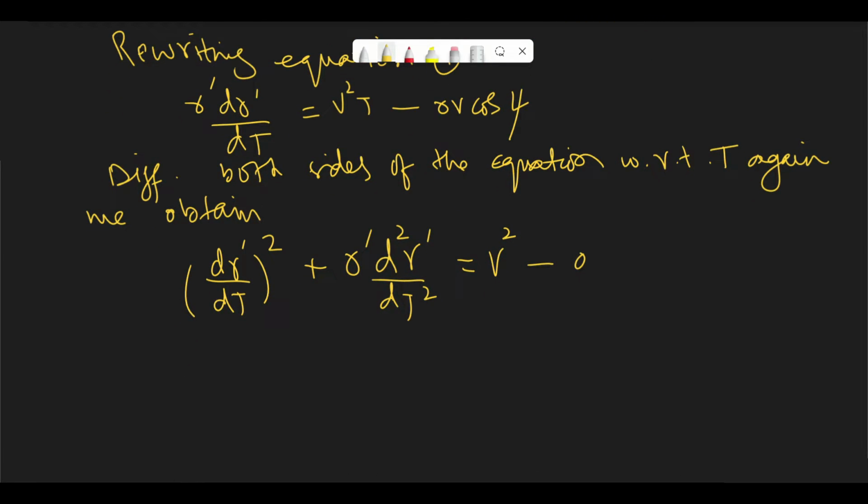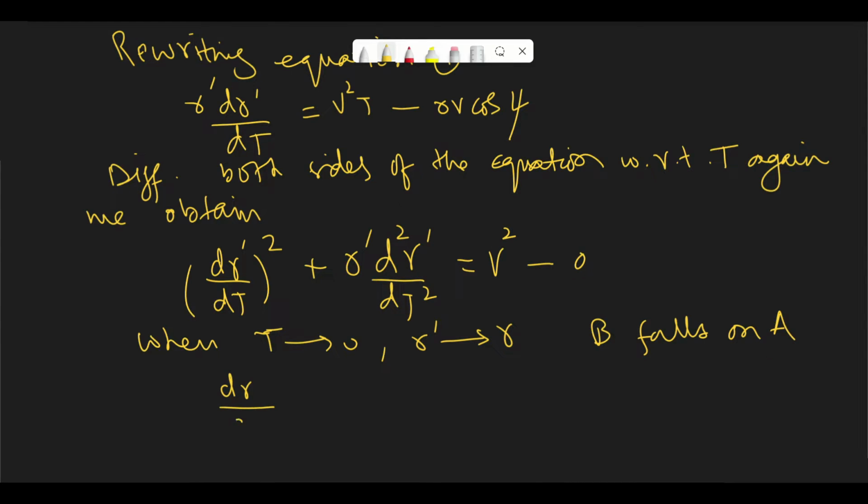So putting the limits again, when t tends to 0, r prime tends to r, B falls on A. We obtain dr over dt whole square plus r d square r over dt square is equal to v square.